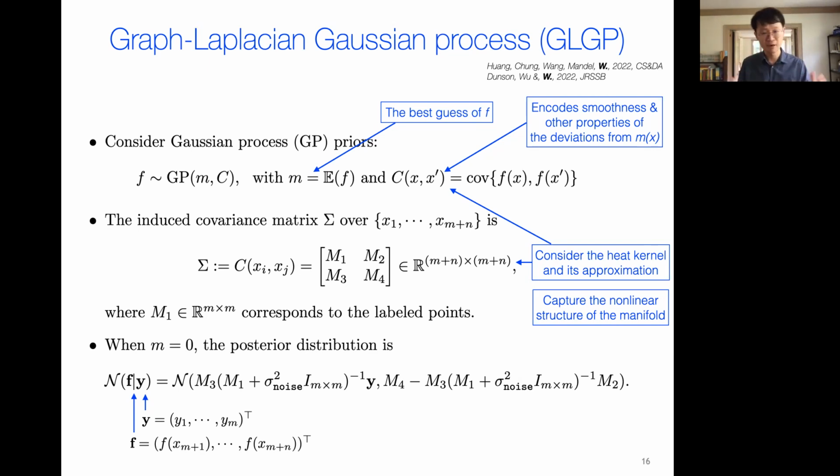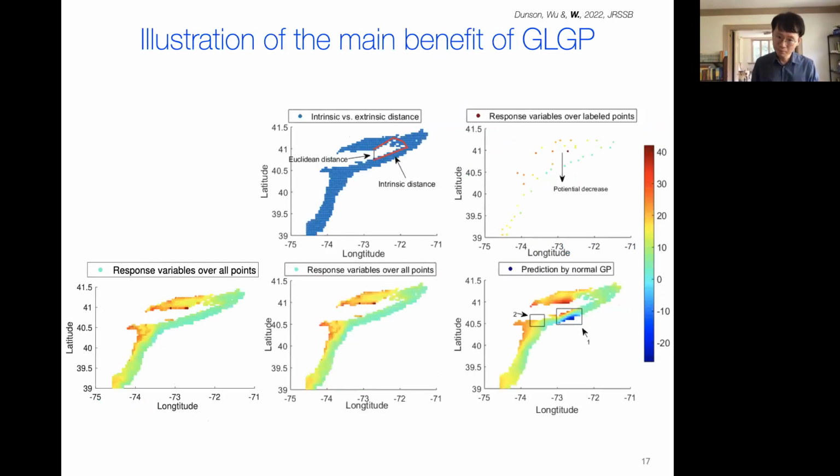For example, you have Varadhan's formula to get the global geodesic distance and so on. So pictorially, suppose the manifold is on the top middle plot. That is our geometric space, which is a very simple one, only a two-dimensional space.